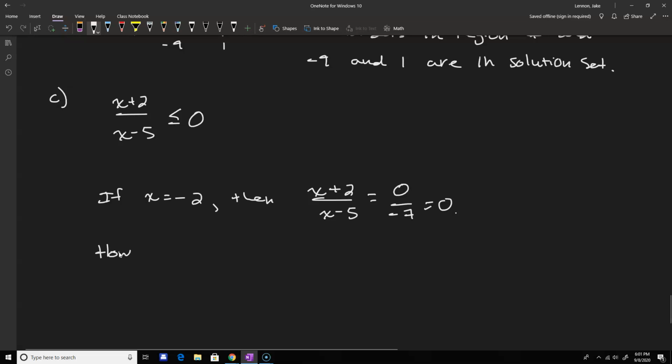However, if x were to equal +5, then what would happen? Our (x + 2)/(x - 5) would equal 7 over 0, which is undefined.